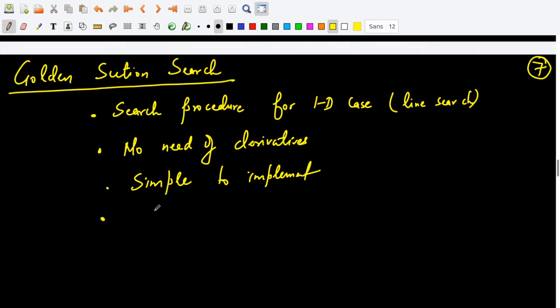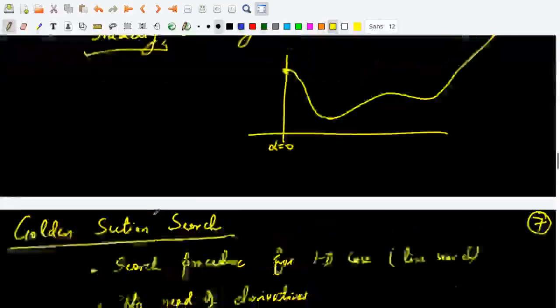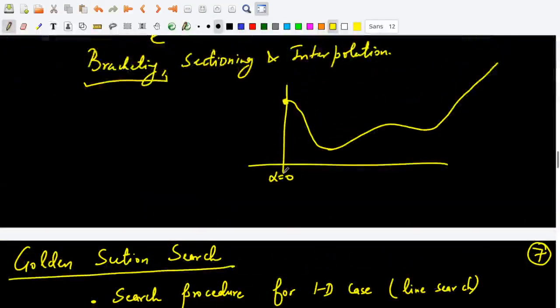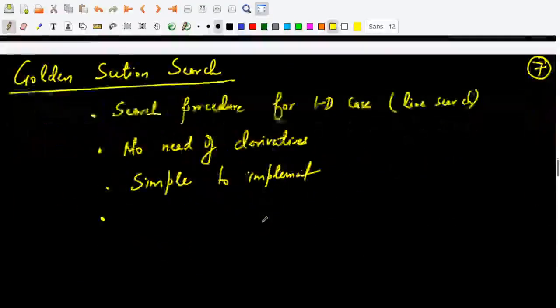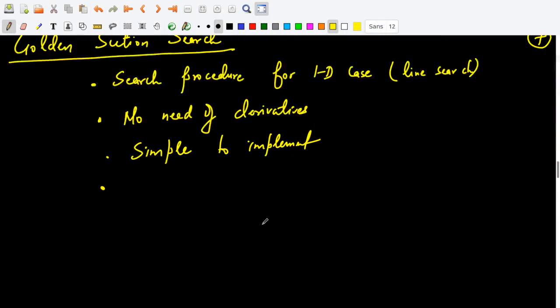It starts by picking up, so the input is given to us in the form of the limits that alpha can take. So unlike the picture above where I don't know how far alpha can go, in golden section search I am given a range of alpha and I would like to find the best possible alpha from that range.